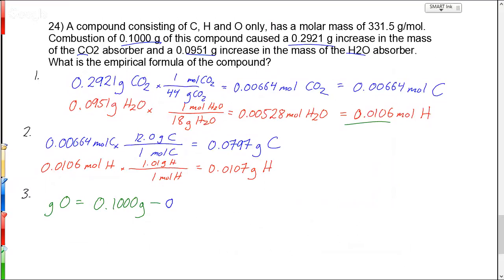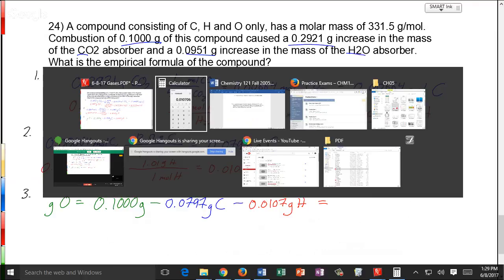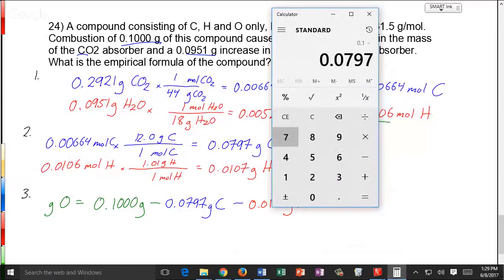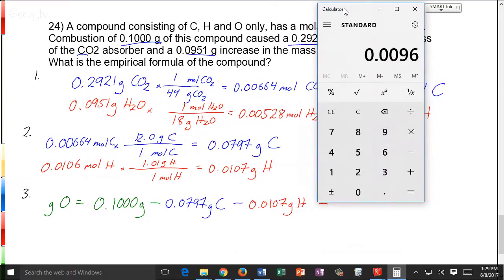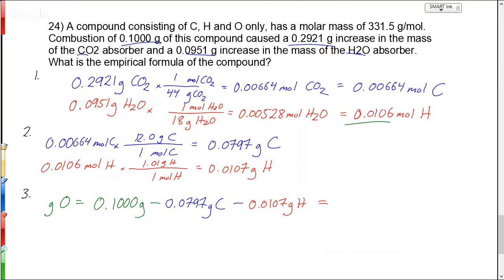So we're going to subtract carbon and then subtract the hydrogen. That tells us the initial oxygen in that compound was 0.0096 grams.